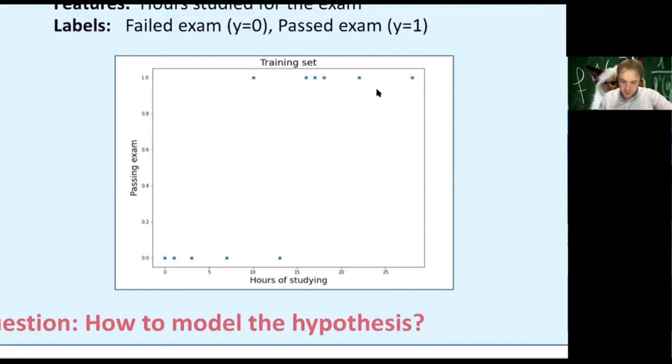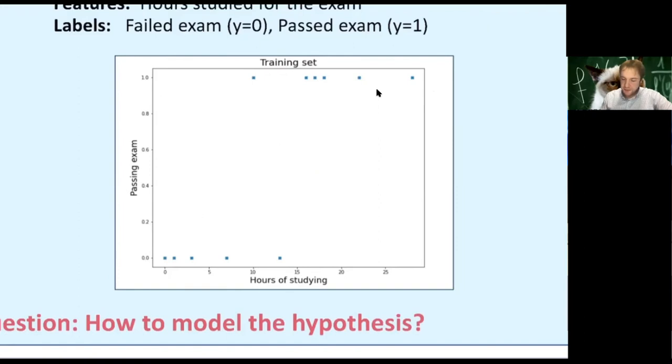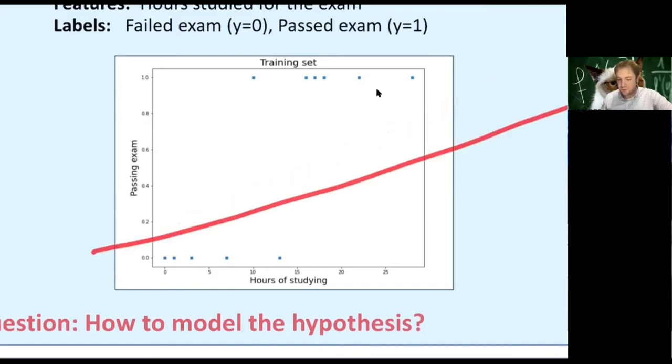But we could also say, well, why don't we just use linear regression? Because we could take a line here and say everything above 0.5 is passed and everything below 0.5 is failed. But there you already see the problem that, for example, if we add another point here, then the best fit line would go more in this direction. And if we add even a point here, then it would go like this.